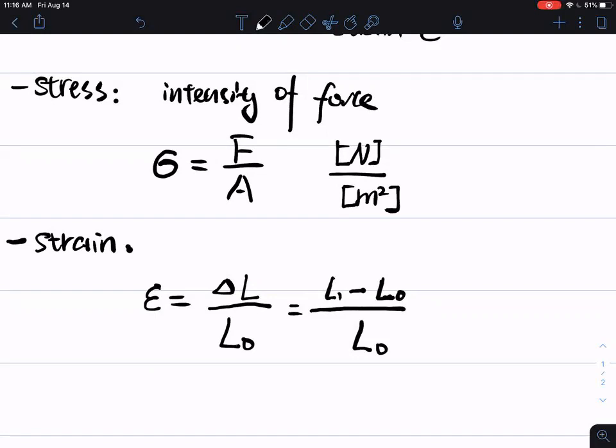But this is not very commonly used for stress strain curves. In stress strain curves, you would state stress in terms of pascals or kilopascals, or sometimes gigapascals. Or sometimes you will see psi.